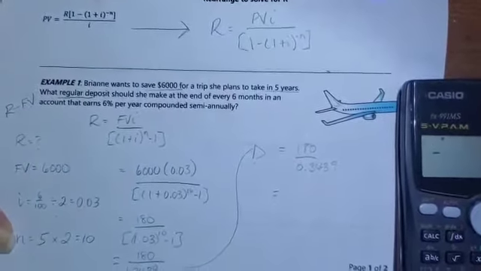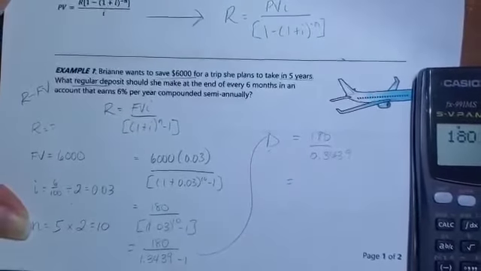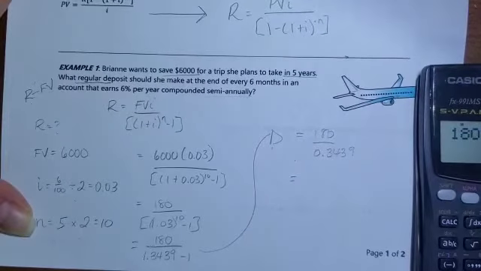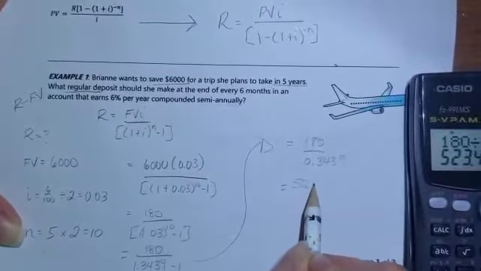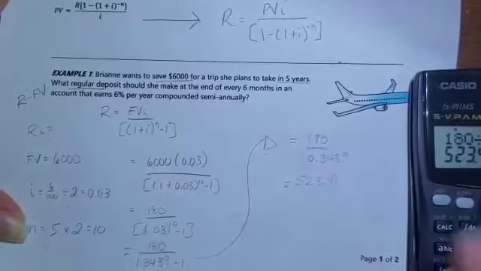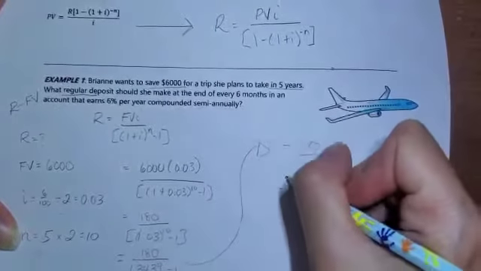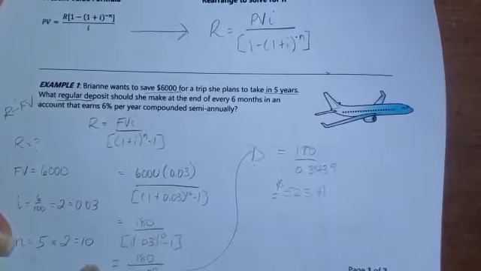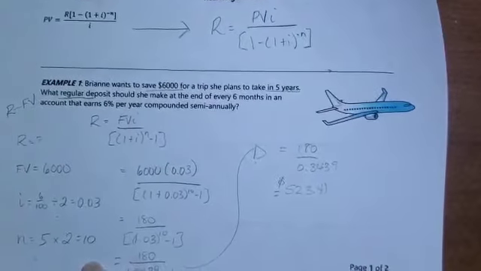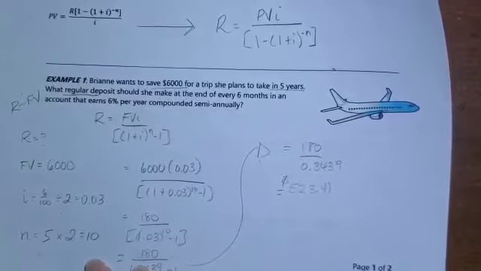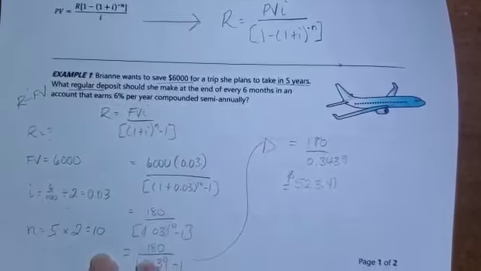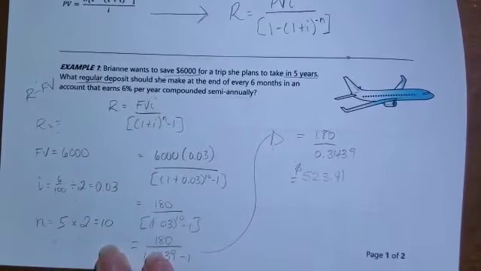Use our calculator again now. 180 divided by 0.3439 is $523.41. So these are the regular payments that she needs to make every 6 months so she can save for her $6,000 trip in 5 years.